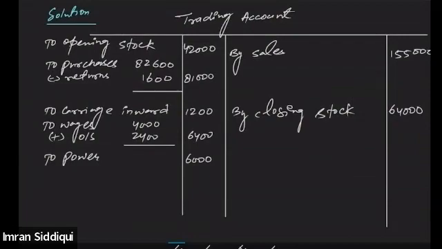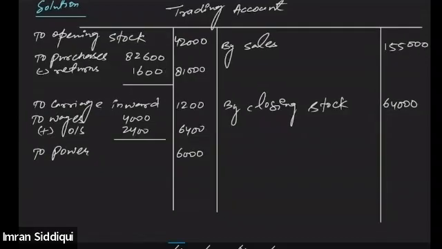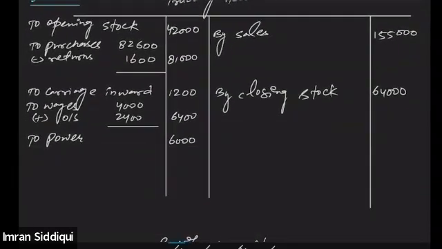Okay, so now what you need to do, you will first of all find out the gross profit for the question, right? And gross profit for this will be adding first of all the credit aspect of the trading account. Totaling this, we will be getting 155 plus 64, which will be equal to like 19,000.